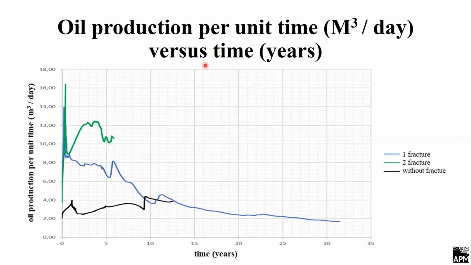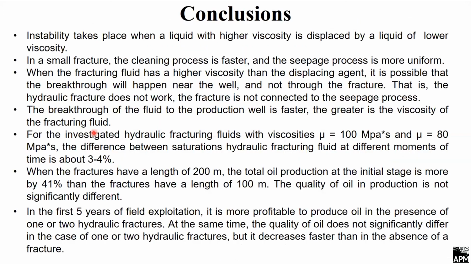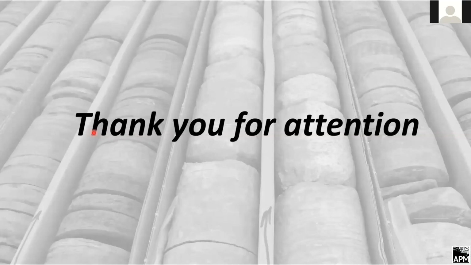And the oil production per unit time is the greatest for 2 fractures, as it was expected. And the main conclusions were already mentioned in the report, so thank you for your attention, and maybe you have some questions.